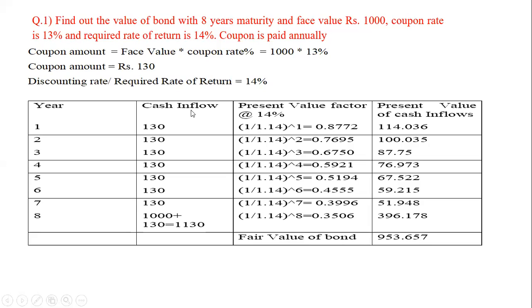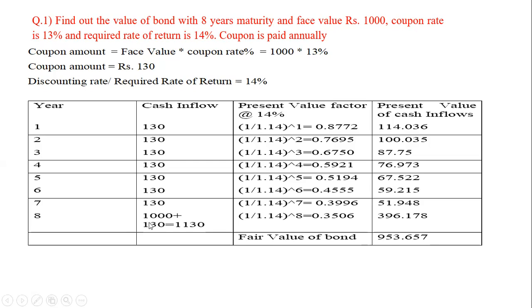Second column will be the future values, cash inflow. 130 annual interest you will receive in all the years and 1000 you will receive at the end of the 8th year. This you have to remember while solving this practical problem. 1000 you have to add, this is the par value you will get at the end of the 8th year.